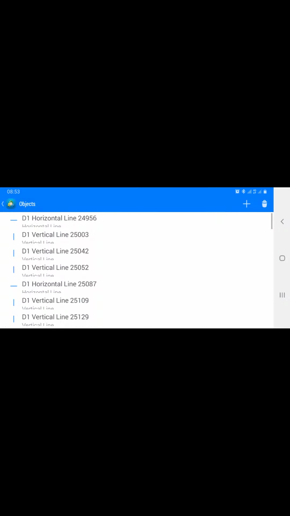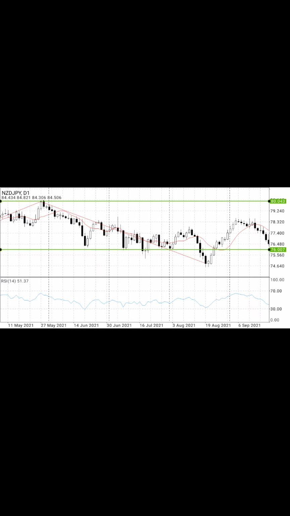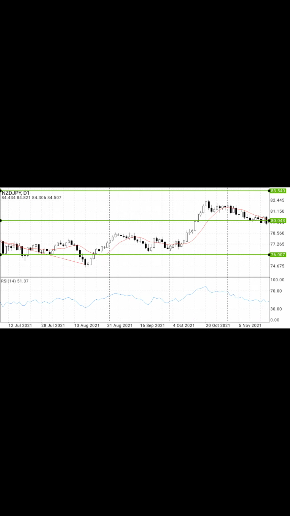So that's a significant clue for a bullish future. So you can see after price breaking below support, you can see the bullish that resulted from it.